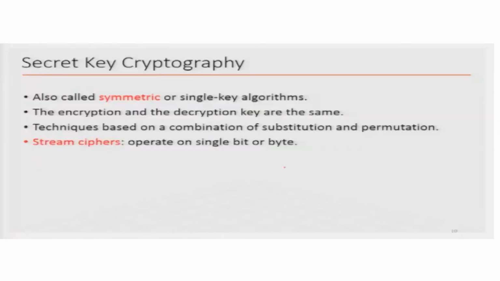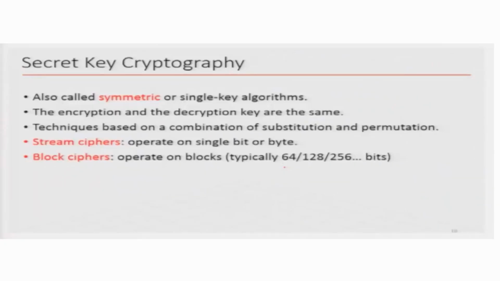Now, how you encrypt with the help of the key is based on whether you are doing it continuously, as you see bits of the message and you do something with the bits, or you divide the message into blocks, chop the message into multiple smaller messages, and then you apply the key as a whole on each of these chopped portions.